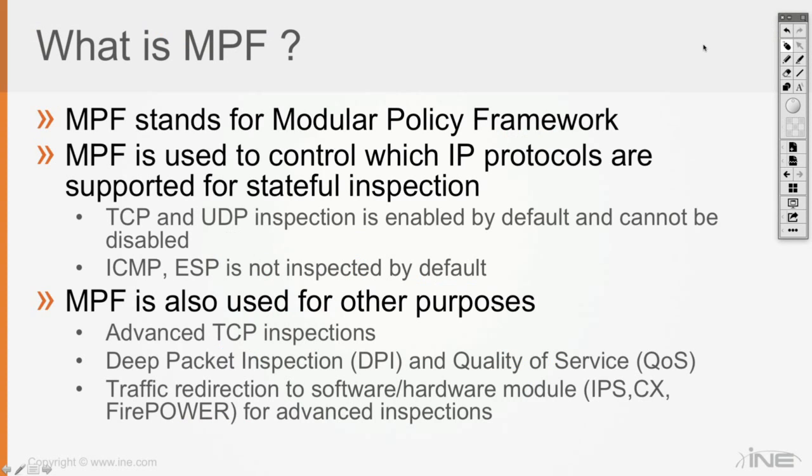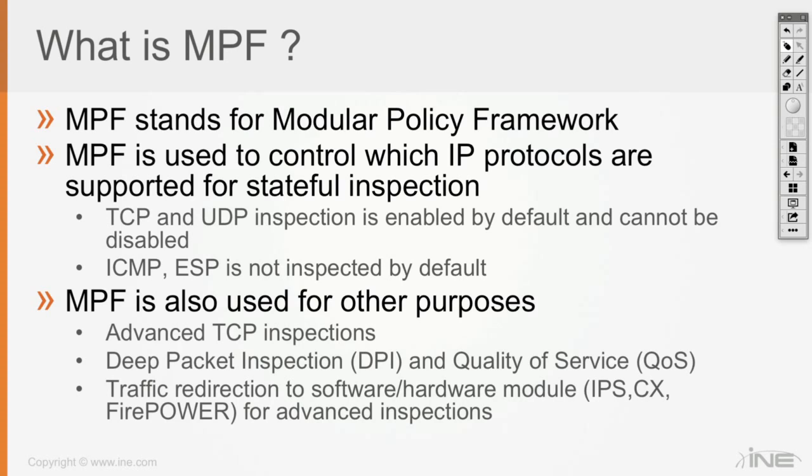Likewise, MPF is also used to redirect traffic passing through the ASA to a software or hardware module of the ASA. Depending on the physical model of the ASA, it may support a software module or a hardware module, and those can be the old IPS, the Cisco intrusion prevention system, or the CX, which was like the proxy functionality on the ASA, the IronPort brought onto the ASA, and the Firepower module, which is going to be like the SourceFire functionality or Cisco's next generation firewall functionality.